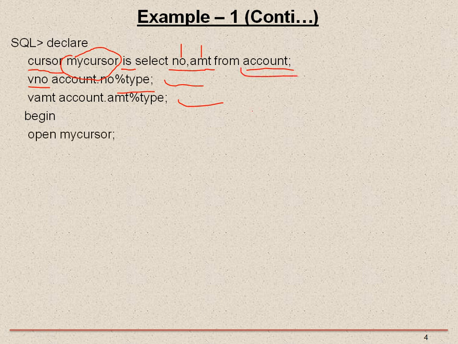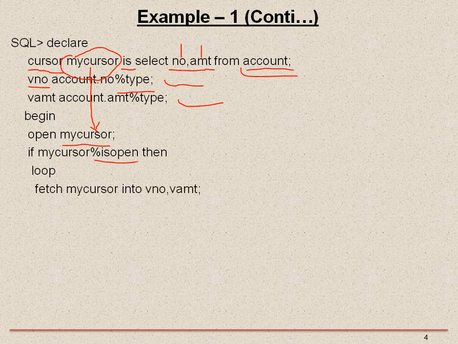Now in the begin section, the first step is to open the cursor. You can see here open and your cursor name, my cursor, the same name which you created. Then the first attribute I am checking: if my cursor percentage is open, that means it is perfectly opened. Then you can fetch the records using a loop.